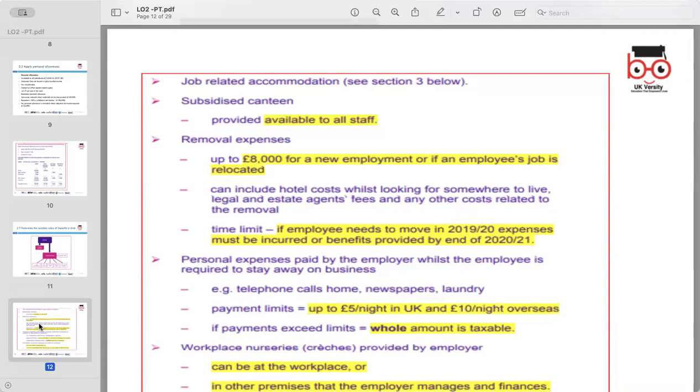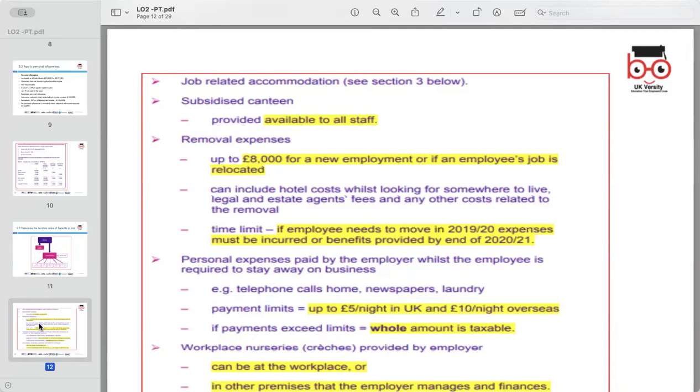Employers may cover certain expenses when an employee needs to relocate for a new job, or if their job is relocated. This can include things like hotel cost, legal fees, and estate agent fees. Again, there are limits to the amount of expenses that can be covered by the employer.